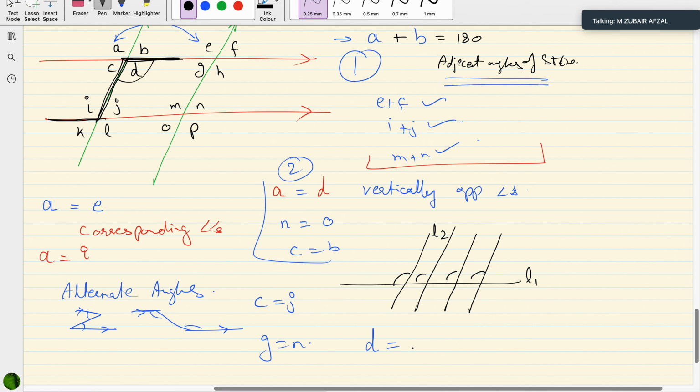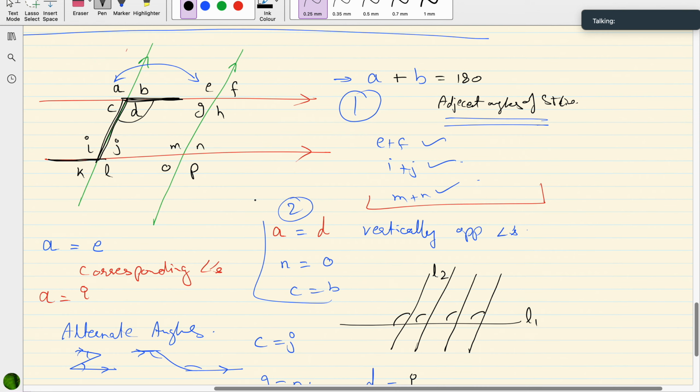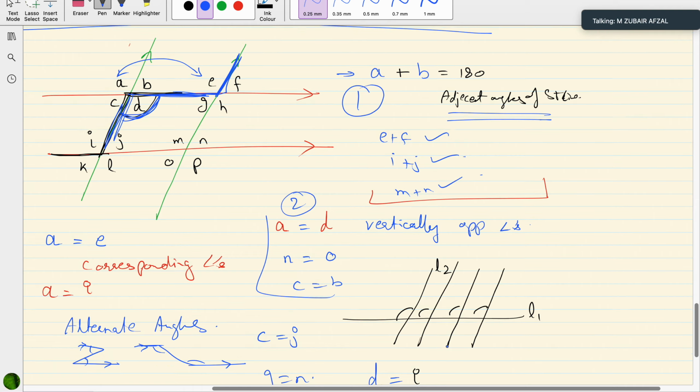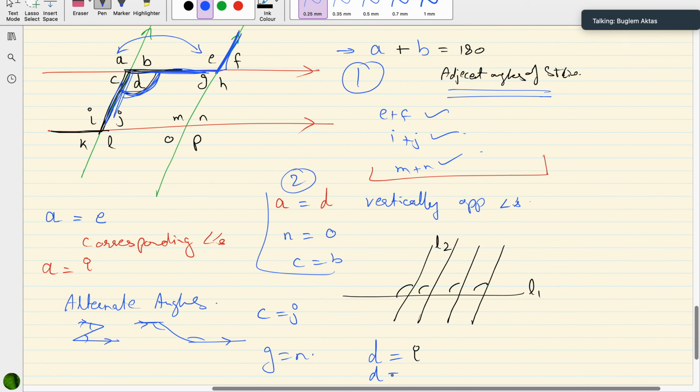D is inside, yes, that's I. And same D, another alternate angle. If it has to be alternate, I should write my Z on the other side. So alternate to D would be, that's right. So adjacent angles, vertically opposite, corresponding, and alternate angles.